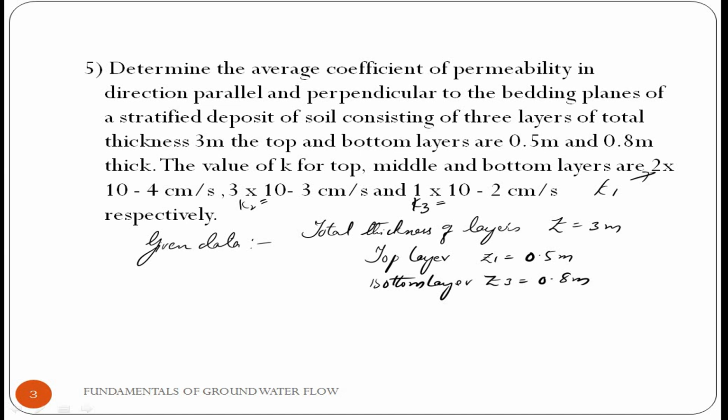So we need to find the average coefficient of permeability parallel and perpendicular to the bedding plane. So now let us consider Kx as average coefficient of permeability parallel to the bedding planes and Ky as coefficient of permeability average perpendicular to the bedding planes.